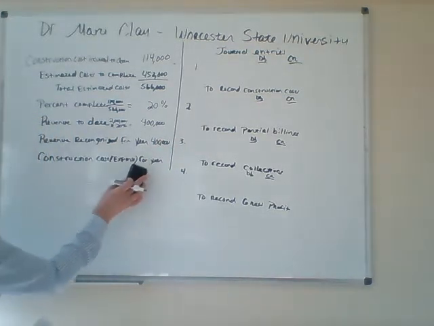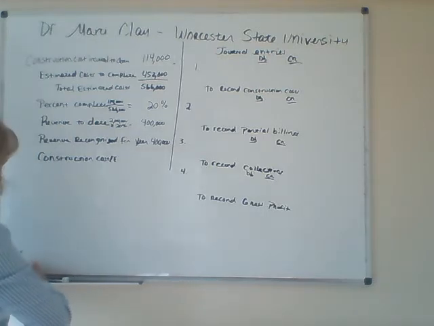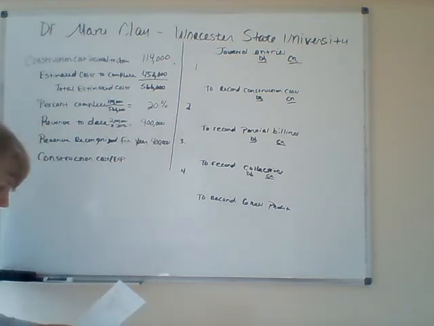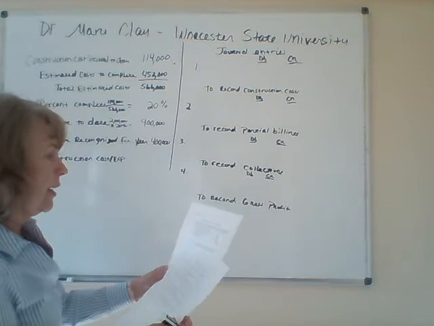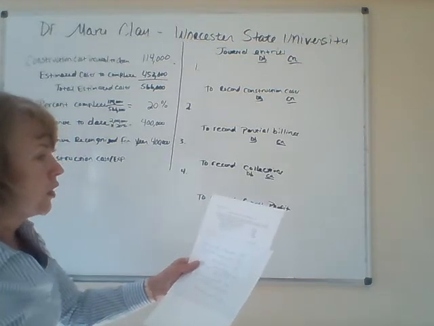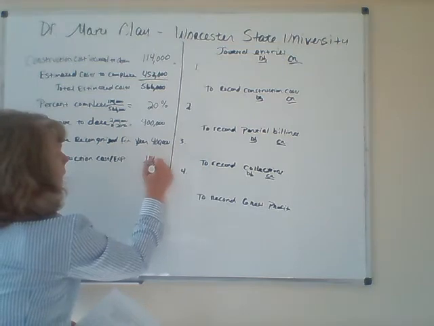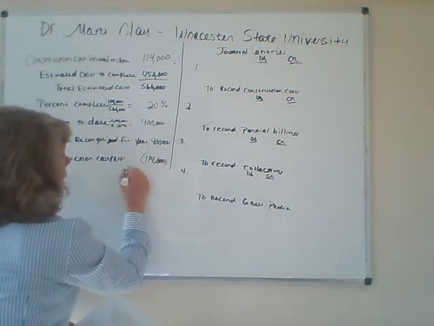All right, I'm going to kind of erase this. Construction costs, this is the expense for the year. All right, and I just get that from the problem. It just says construction costs incurred during the year. That is 114,000. Okay, we're going to subtract that.